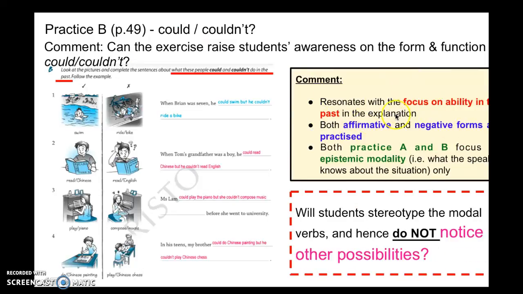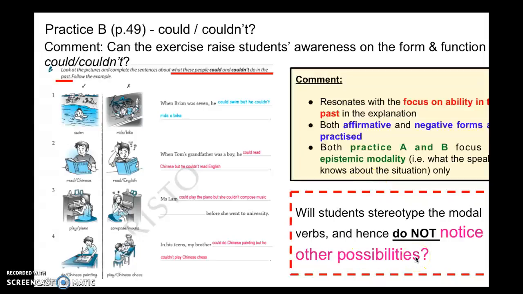Here it's mainly on ability in the past, echoing what is said in the explanation part. We also found that both affirmative and negative forms are explained here, and students are practicing them in this exercise.